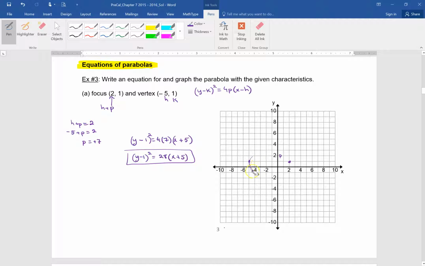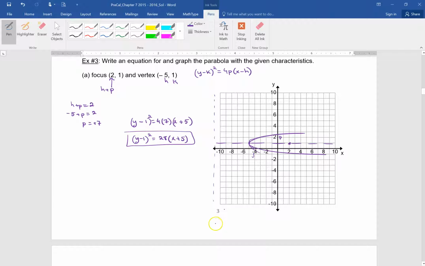We're going to make a narrow one. This is the axis of symmetry. Make sure it's symmetric, hence the axis of symmetry. Where is the directrix here? 7 the other way, which will be x = -12, and I hate that it spills out of the graph. I should have been more cautious of that.